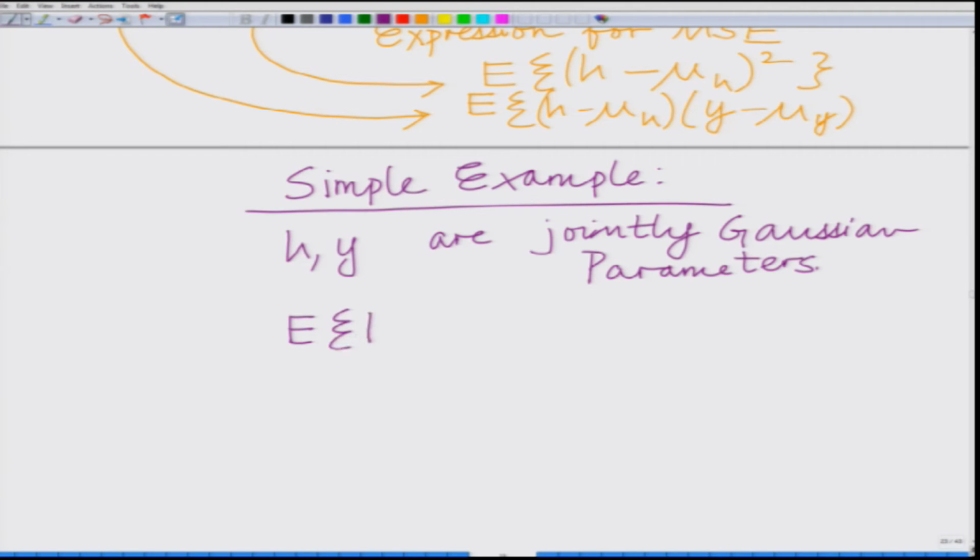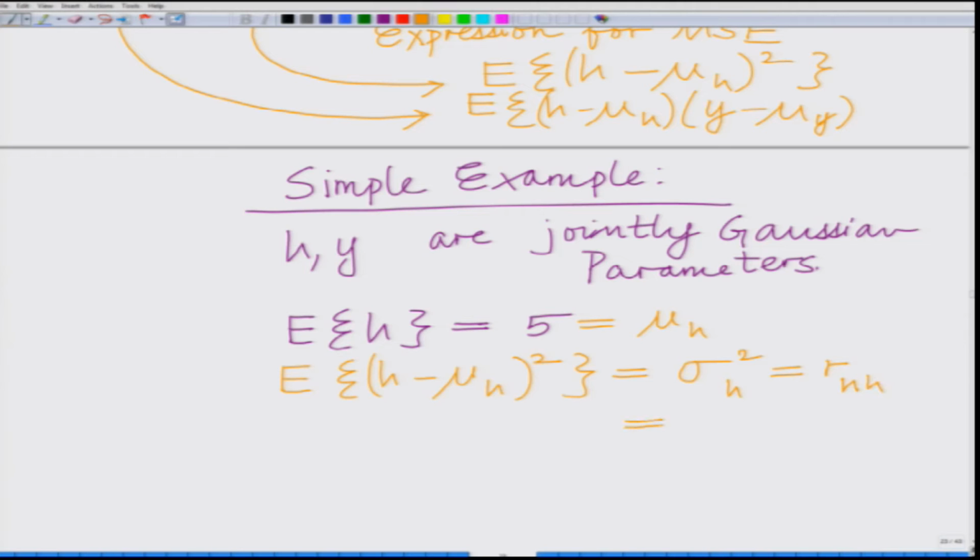expected h equal to 5, that is a non-zero mean, which is basically your mu h. The expected value of h minus mu h whole square is nothing but the variance sigma h square, which is also r h h, let us say equal to 1. So sigma h square equals 1, which means sigma h is also equal to 1.